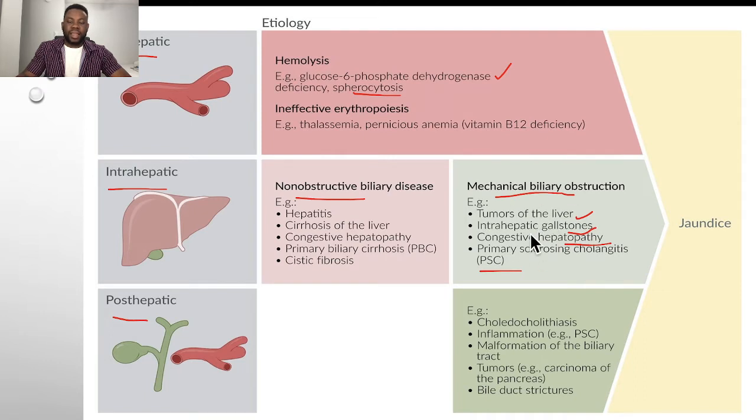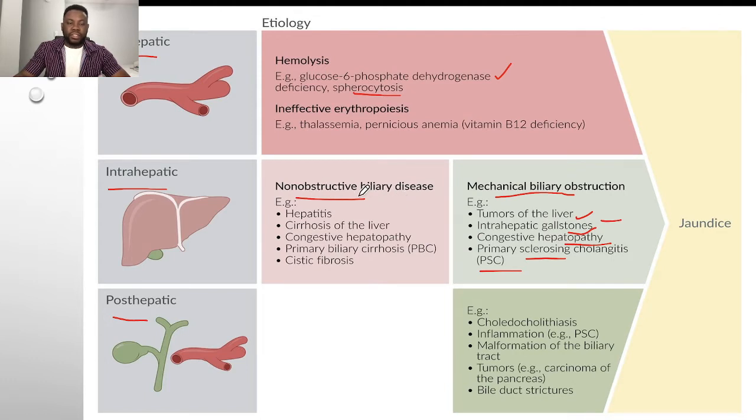And in this case, the patient is going to have signs of either mixed, or they may also have signs of conjugated hyperbilirubinemia. Let's look at the non-obstructive.